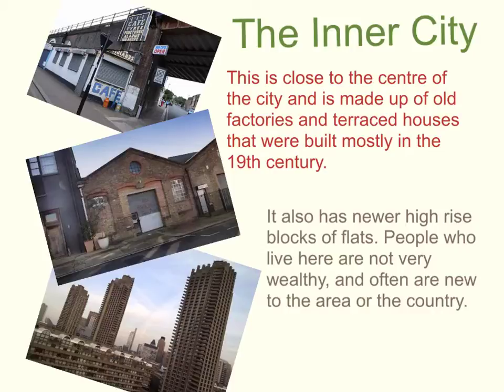It may be an area that used to be old factories, but these are often now shut down. The area is often a little bit run down, and people who live here tend not to be very wealthy. The people who live here often tend to be new to the area or new to the country. These people often move out of the area as quickly as they can when they have a bit more money.